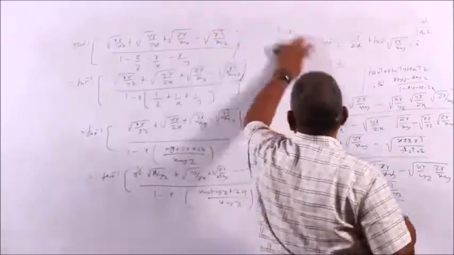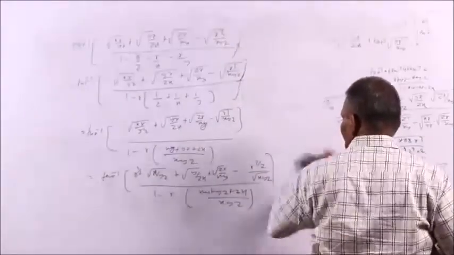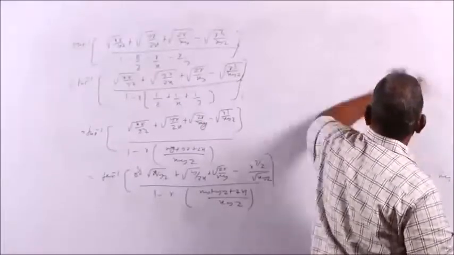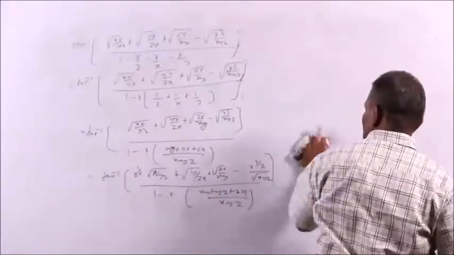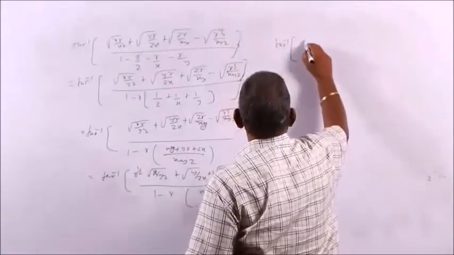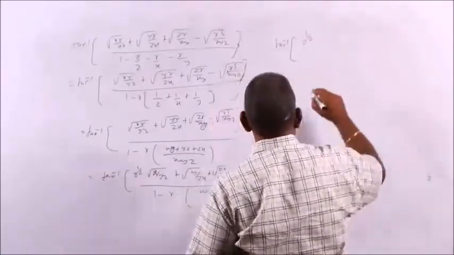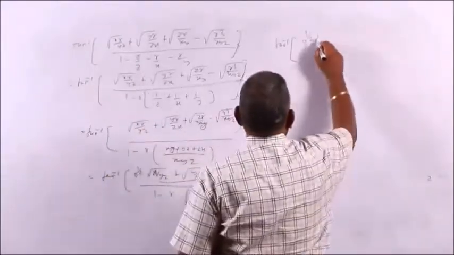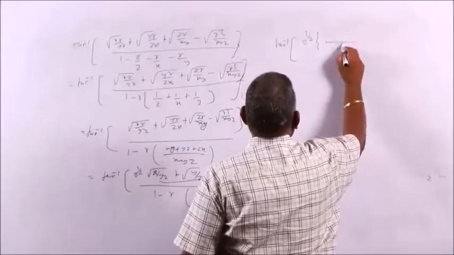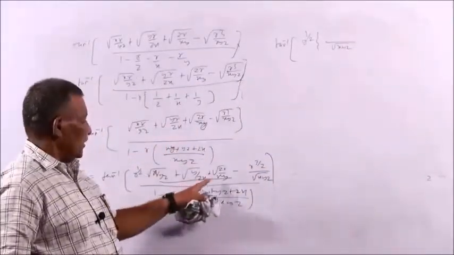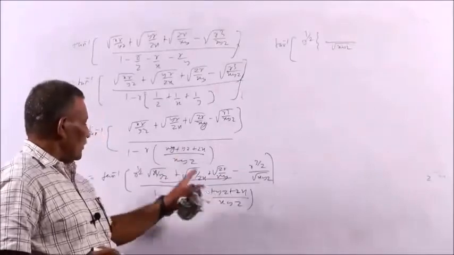So from the numerator we can take a common of r to the power half. Tan inverse of r to the power half. In these three terms we can take an LCM of root over of x, y, z. Here root over yz, root over zx and root over xy. So root over of xyz.